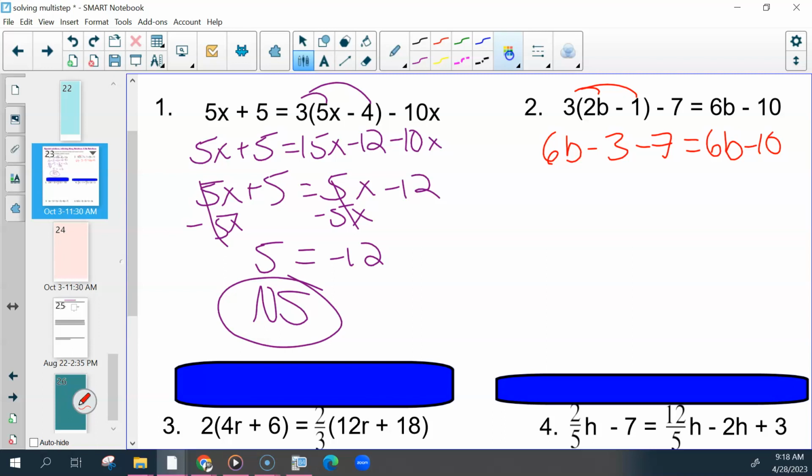Okay, so combine your like terms here, which would give us what? And then pick your next move. What do we want to move next? Add 10. Okay.